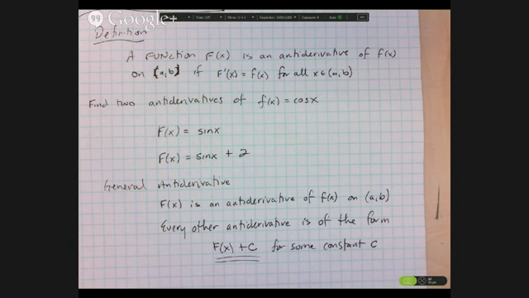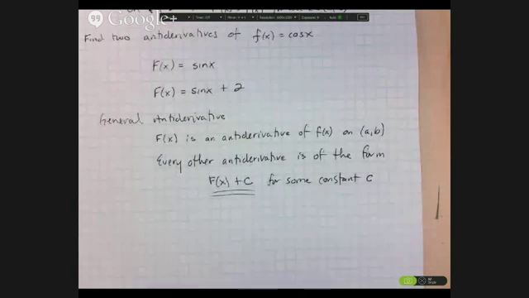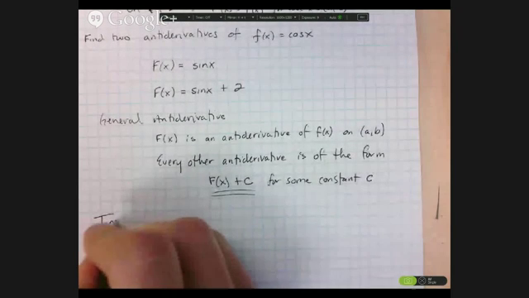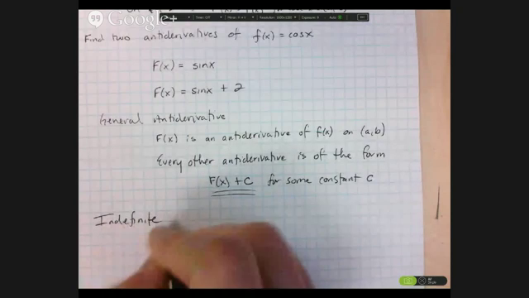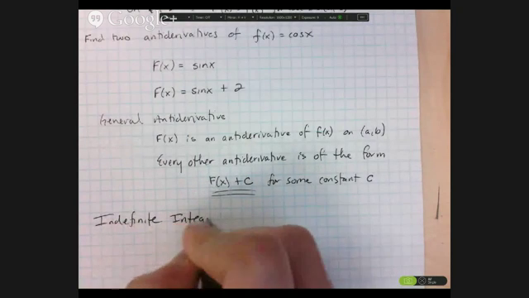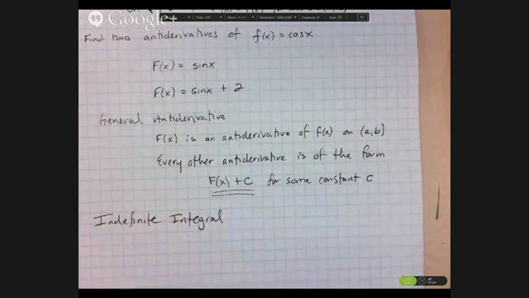Okay, these are called formally an indefinite integral. So we will steer away from calling it an antiderivative. It's just a way to introduce it.